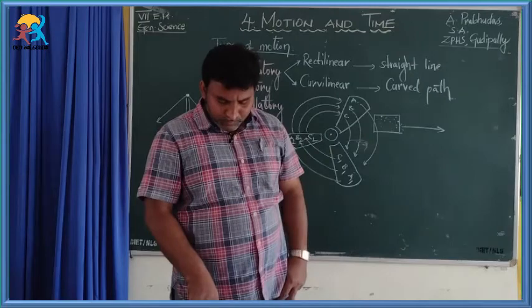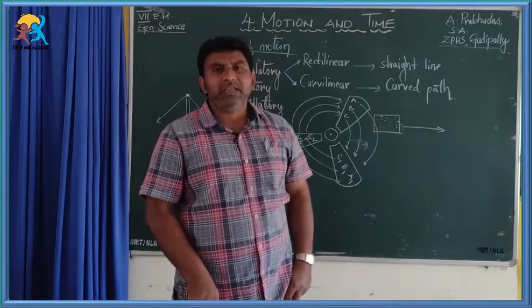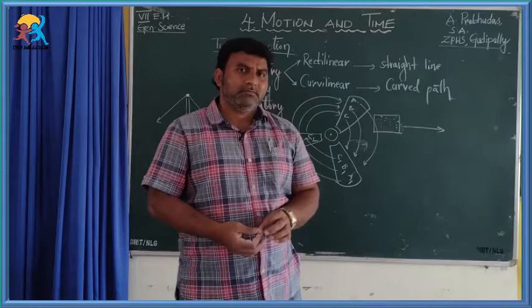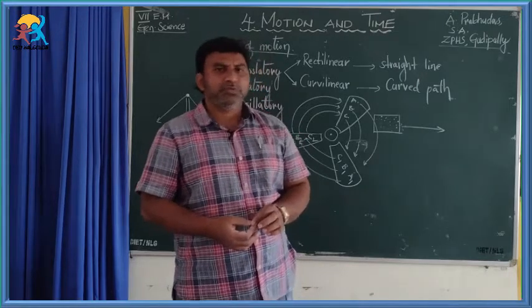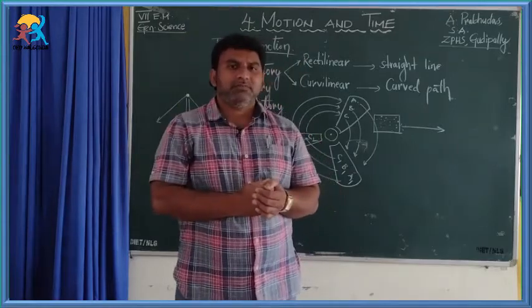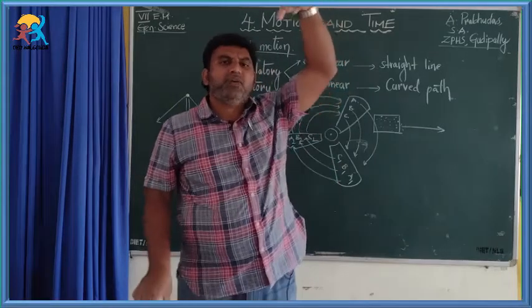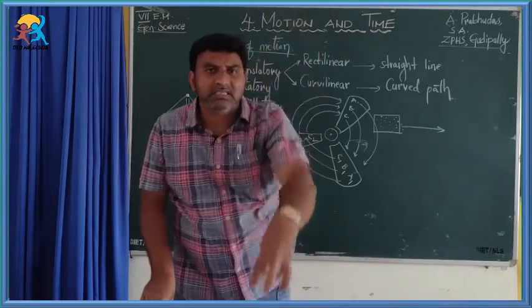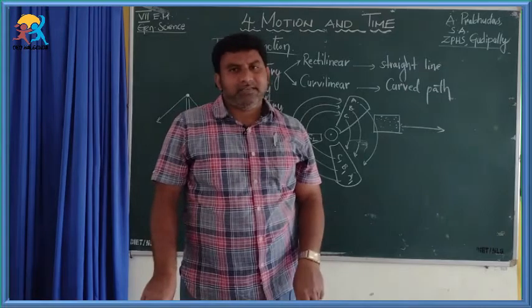Next, motion of a mango falling from a mango tree. Can you guess what type of motion a mango has? Generally, a mango falling from a tree travels in a straight line.